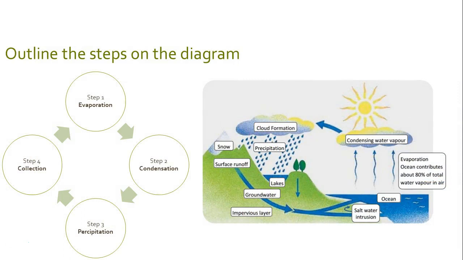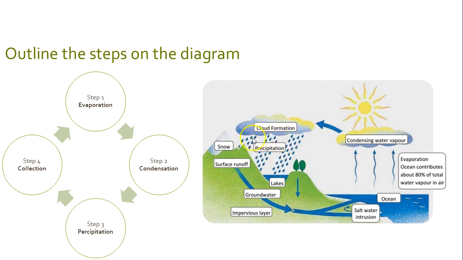The first step is to look at the diagram and try to figure out how many stages you can see. And in this case, we have the first stage, evaporation. Water evaporates. Condensation. Water condenses to form clouds.